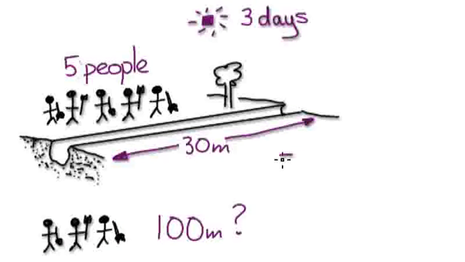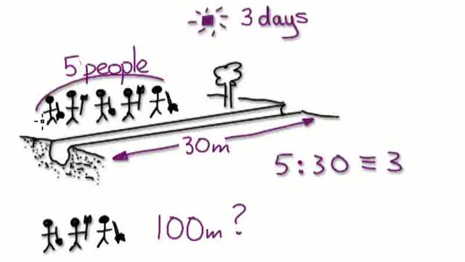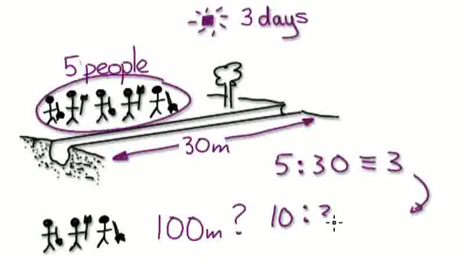So come, let's try and do this here. Let's summarize this whole situation here. 5 people, 30 meters in 3 days. Now, remember that if you double the amount of people, then the number of days will be halved. So if you double the people here, but keep the distance the same, then this will be 1.5.